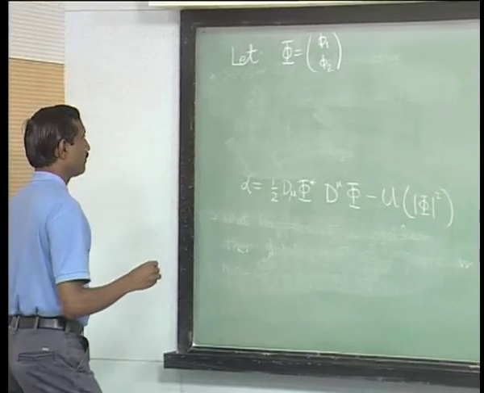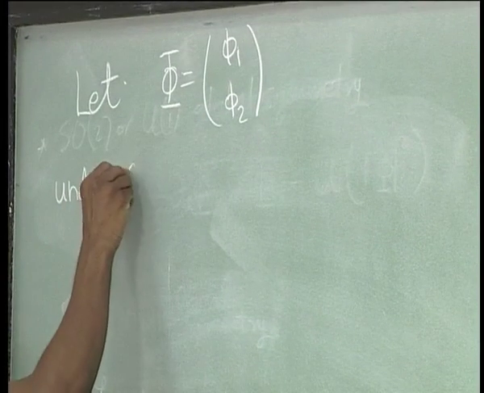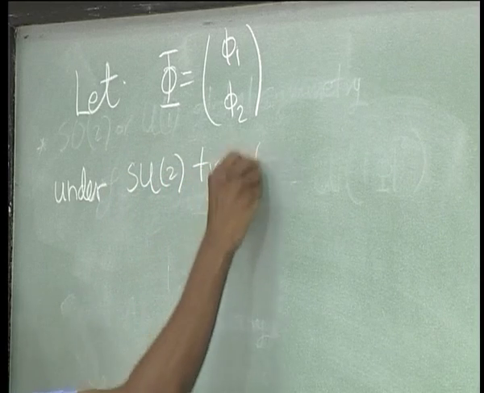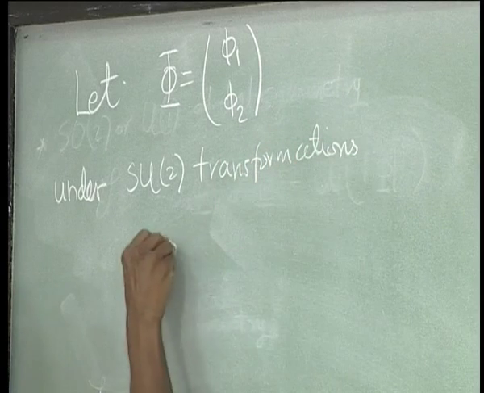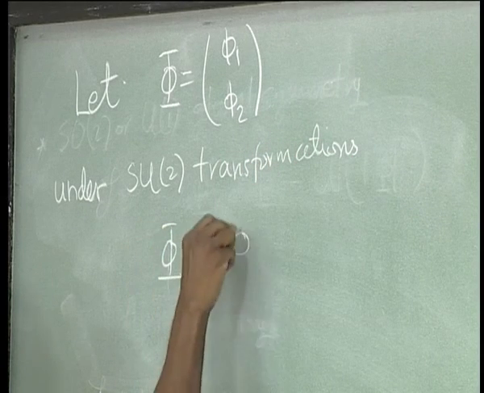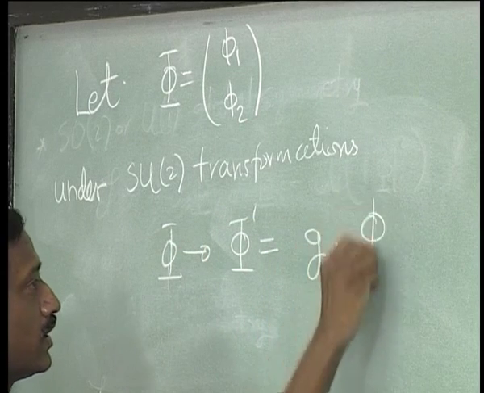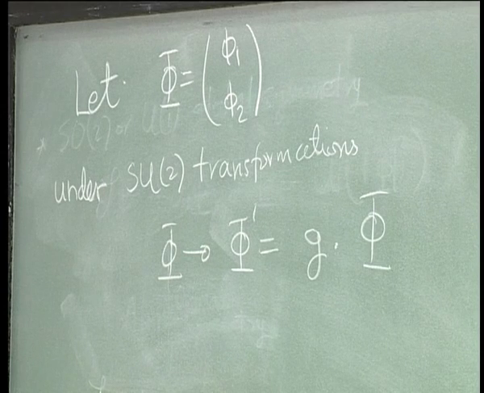Okay, and under SU2 transformations, phi goes to phi prime, which should be just G dot phi, where G is what I wrote out somewhere there.